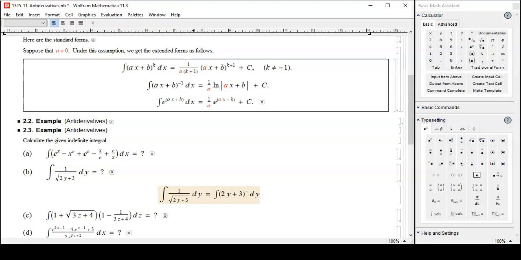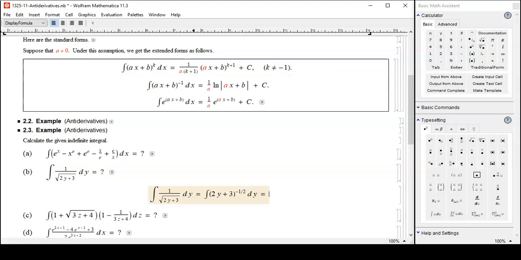Negative, because it's coming from denominator, and we have square root, so 1/2 power. So it's not reciprocal function. You're not going to get log function. If you focus on a negative first power, you're going to get this form for k equals negative 1/2.